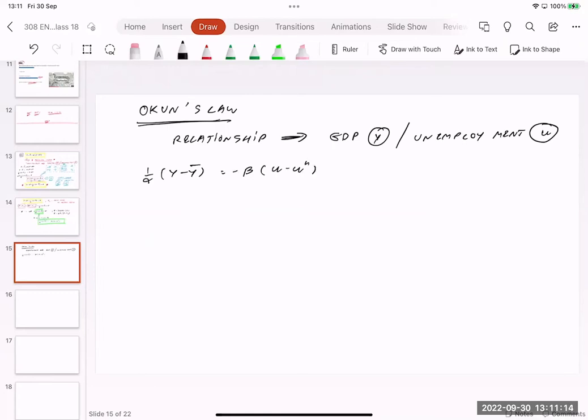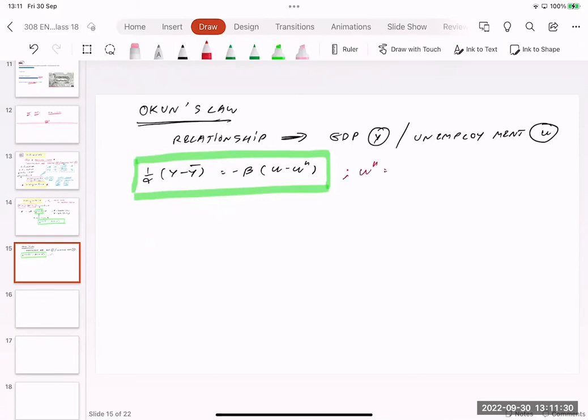What does it mean by this equation? You know Y is GDP. You know Y bar is GDP at the full employment level. You know u is unemployment. One thing that you don't know over here is un.